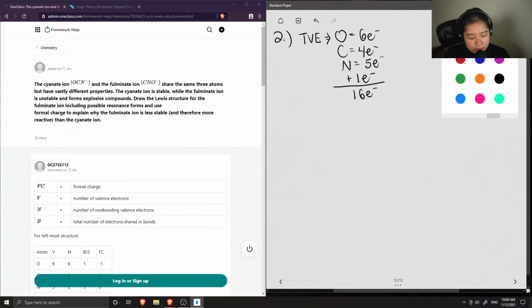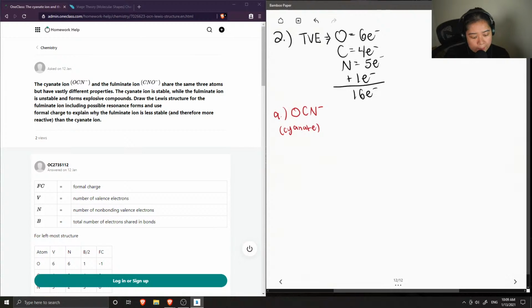So now let's do the cyanate ion first, which is OCN-. This tells us that our carbon is our central atom, and I'll also draw the different resonance structures that can take place.